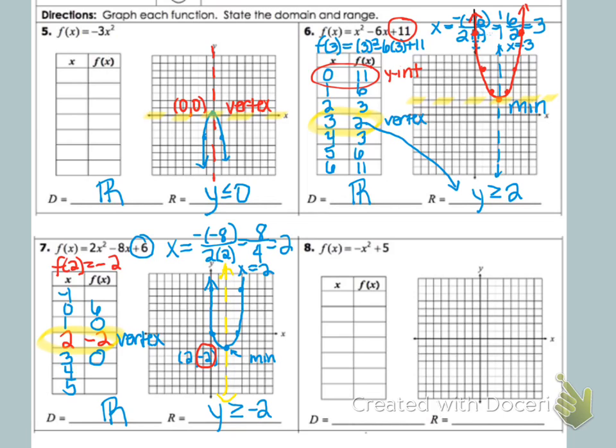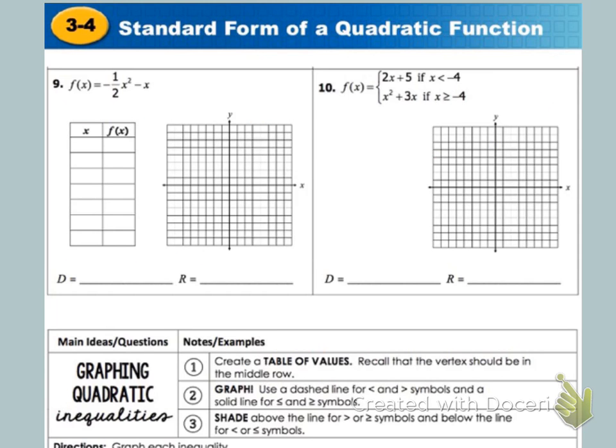So let's go ahead and switch to the next page. We'll leave number 8 to skip for now, and we'll turn to the next page and assign that one as a you-try. So take a moment, find the axis of symmetry, the vertex, and other points, whether it means filling in the table or finding the y-intercept, if there is one, and the reflection of that, and then sketching your graph to determine the range.